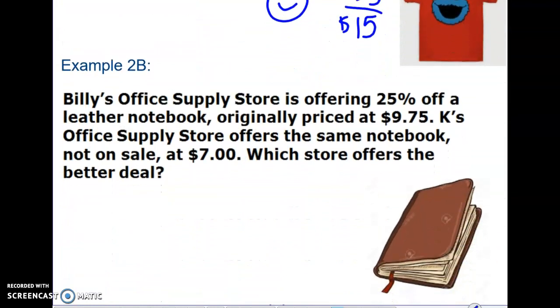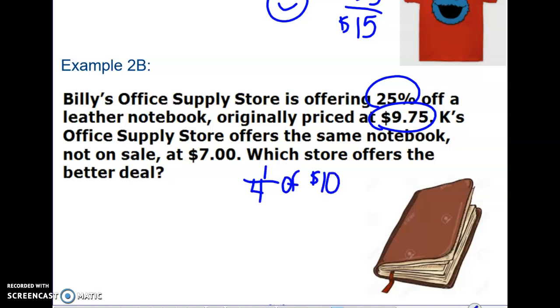The second one, Billy's Office Supply Store is offering 25% off a leather notebook, originally priced at $9.75. So in my head, if I was going to think of that, I'm going to think 25% or 1/4. I'm going to maybe think of that $9.75 as being $10.